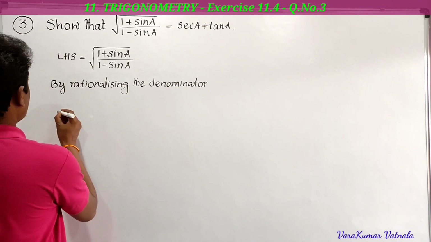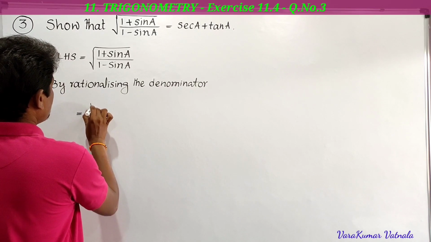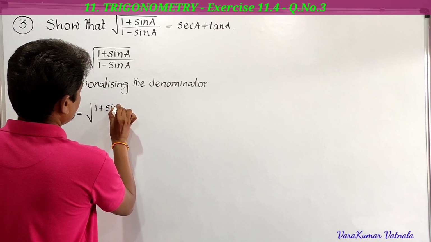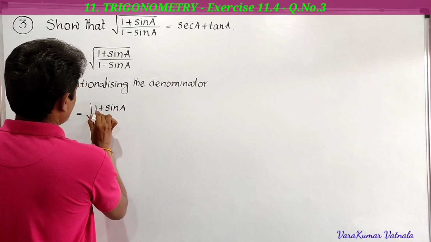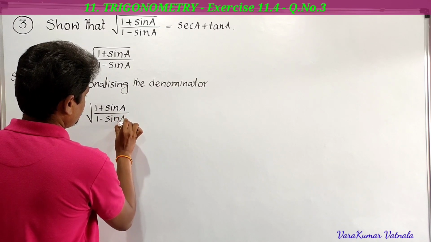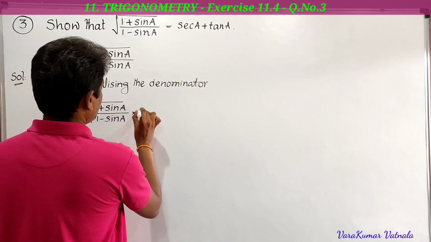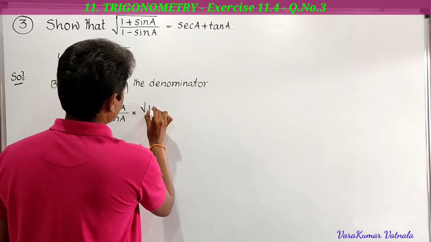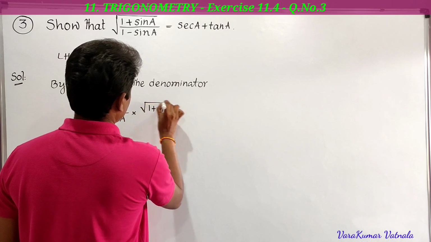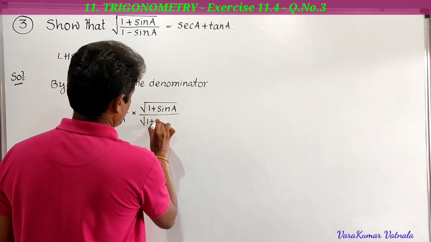So LHS is equal to square root of (1 plus sin a) by (1 minus sin a), and now we multiply and divide by square root of 1 plus sin a, that is, square root of 1 plus sin a by square root of 1 plus sin a again.